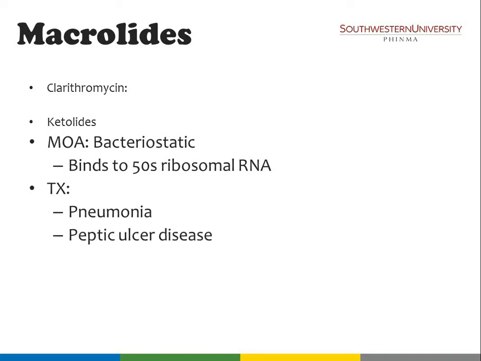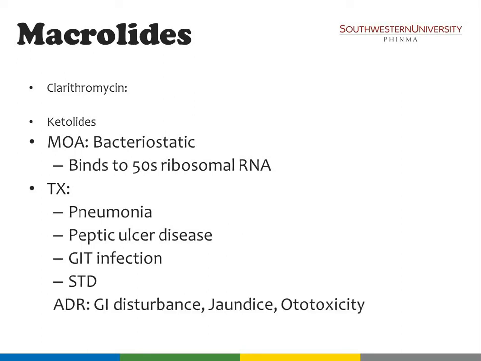They can also treat peptic ulcer disease. A specific bacteria for that is your H. pylori. It is also used to treat a certain type of gastrointestinal infection caused by your Campylobacter. It can also treat your sexually transmitted diseases caused by chlamydia and gonorrhea.